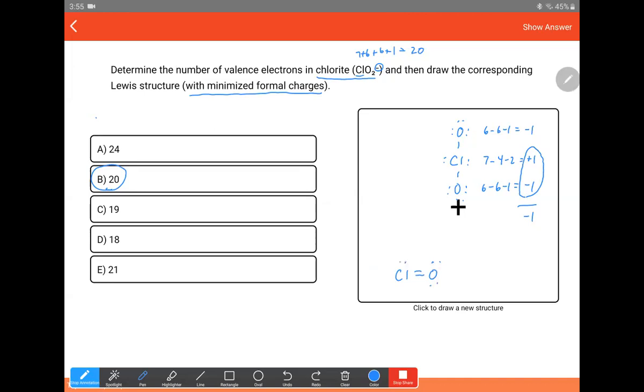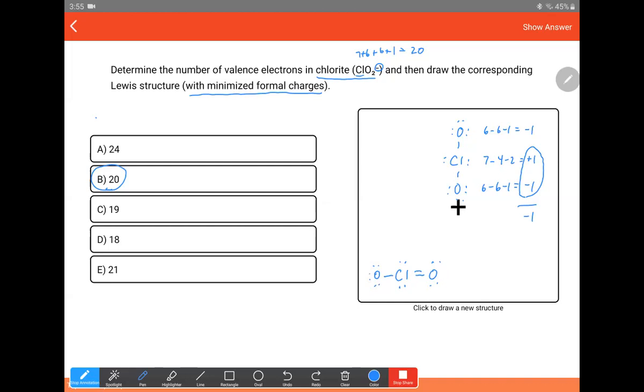And we keep the chlorine. So essentially you've brought this pair here into a bond, which means it's being shared with the chlorine, which gives more electrons to the chlorine, which is going to affect its formal charge.